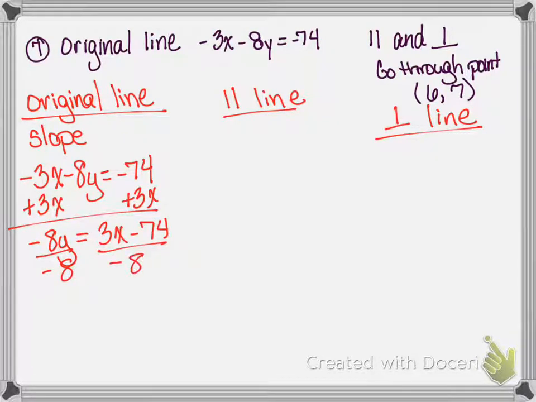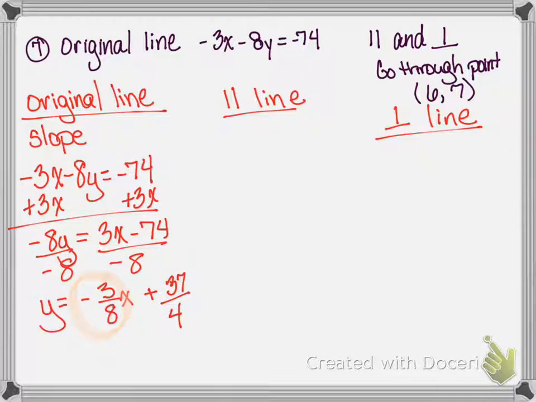I divide both sides by negative 8, and I get y equals negative 3/8x plus negative 74 over negative 8. When I simplify that, I end up with positive 37 over 4. But really, the only thing I need from this original line is my slope. That's all I need.